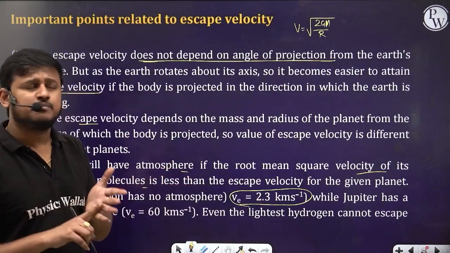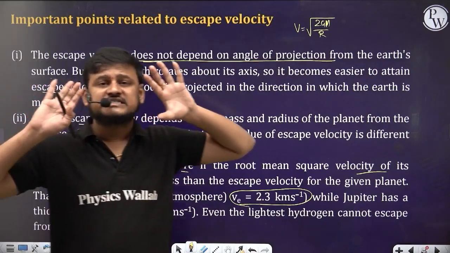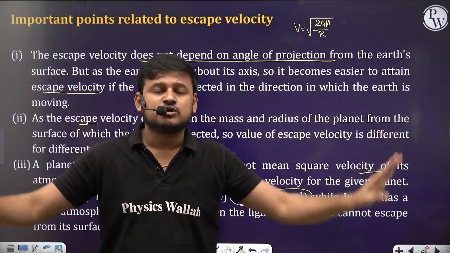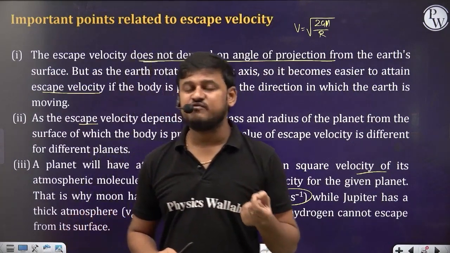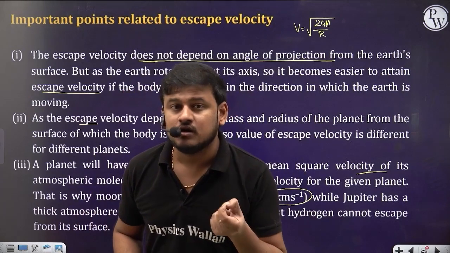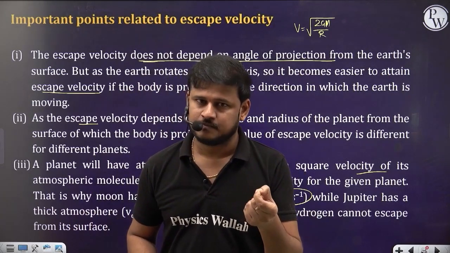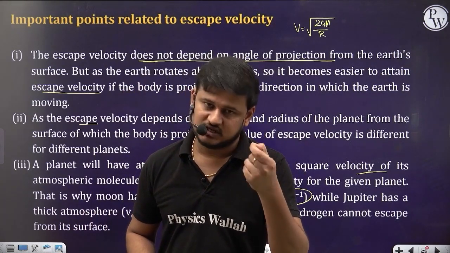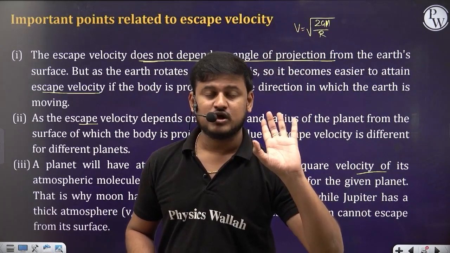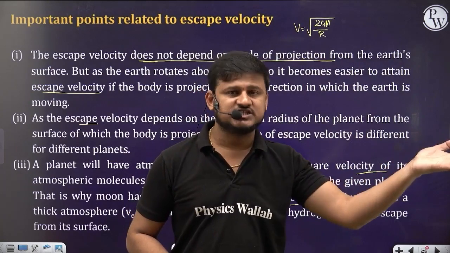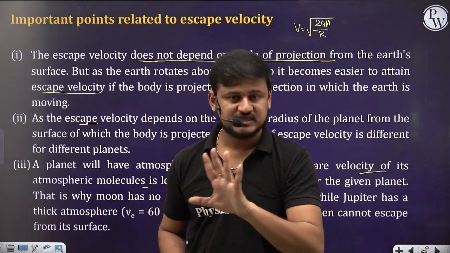The very important point is, first, the escape velocity is not the same for all the planets. And the second thing, the escape velocity does not depend on the angle of projection. You can throw with any angle of projection, but it should reach the velocity, 11.2 kilometer per second, that's it.